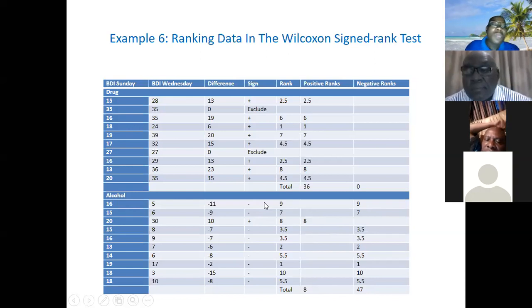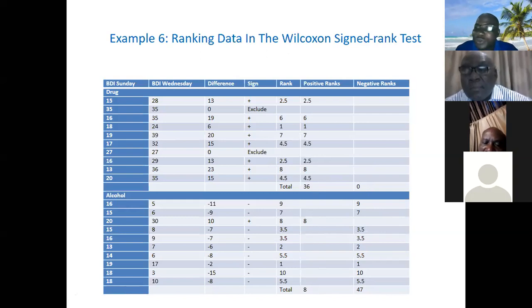So for drug, the total positive is 36. The negative is 0. 0 is the statistic, the smaller of the 2. That's the Wilcoxon statistic.